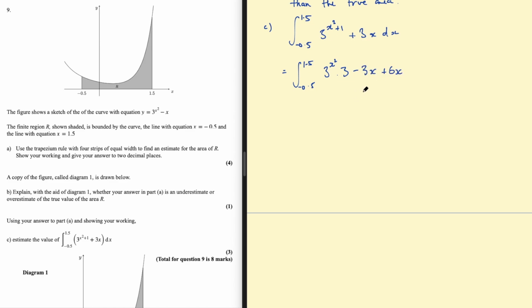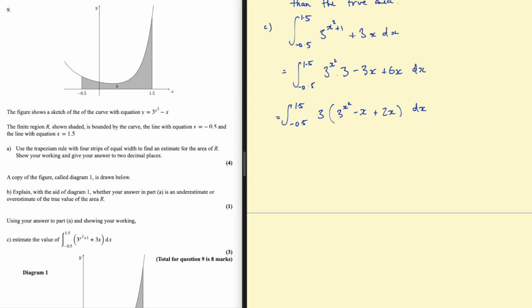This is quite a difficult detail to see. And the reason is, if we factorize 3 out of each term, we'll have 3 to the power of x squared plus x plus 2x.